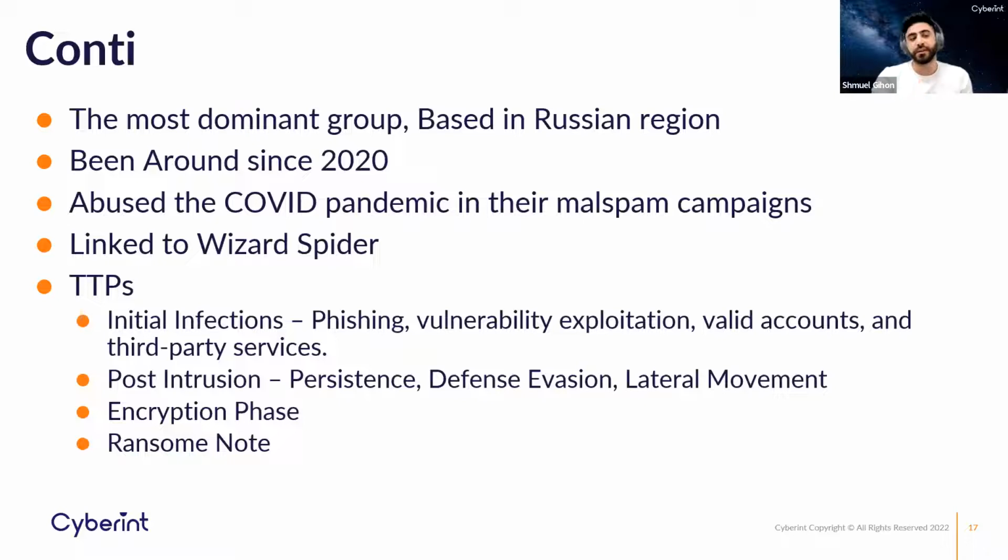When we're looking at their TTPs, for example, we can see that they started via phishing and mail spam, but after recruiting more talented people, they were able to use vulnerability exploitation for the initial infection vector, and they made connections with info-stealing campaigners to get valid accounts and compromised credentials that help them do the initial infections. And of course, they weren't afraid to use third-party services such as the Emotet botnet to deploy their payload.